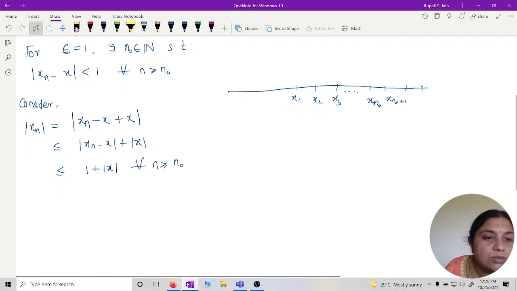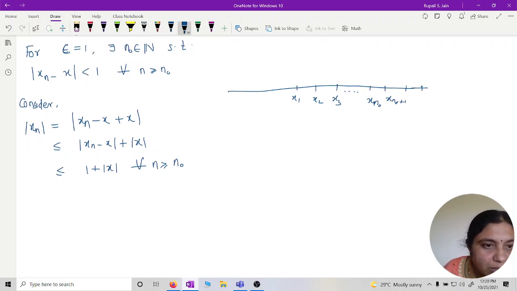Now x is some particular real number. X is not varying. So for all n greater than or equal to n0, from here onwards, my xn is bounded.